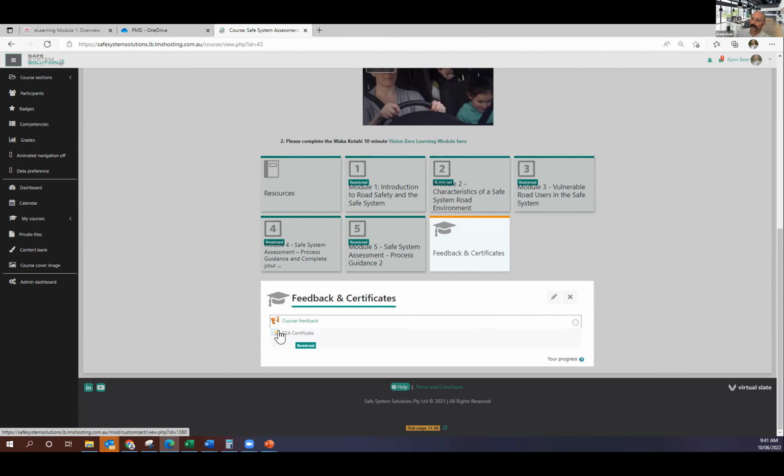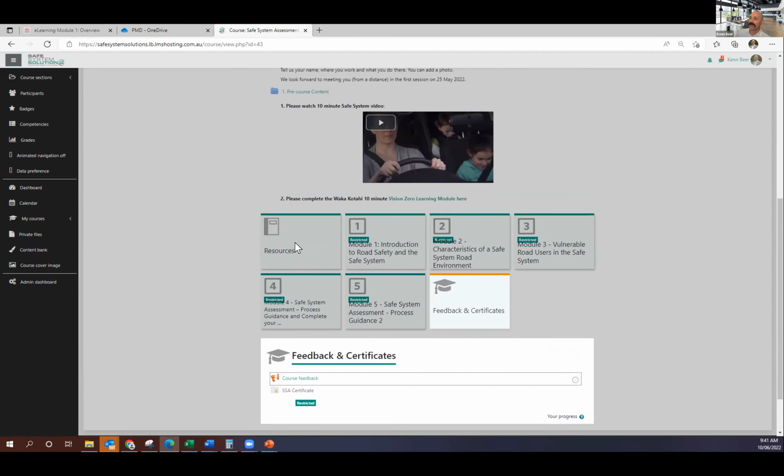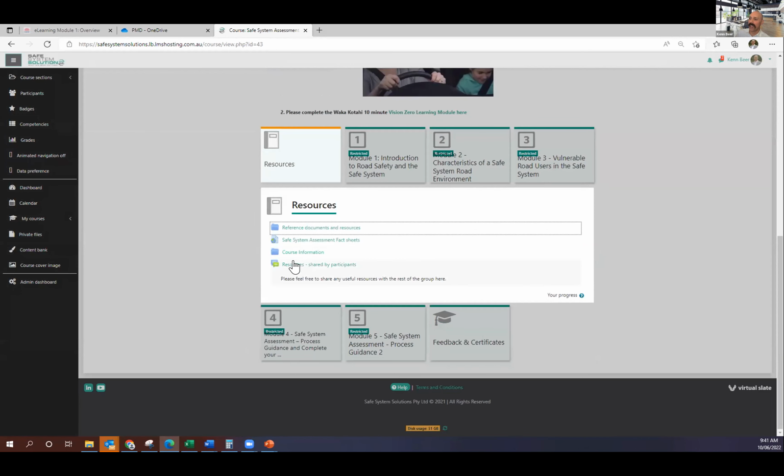Now, you'll get an electronic copy of your certificate there, and then a pack in the mail or a shipping crate for Rolly will arrive, and you will have in there the certificate, hard copy, and any prizes you've won along the way. Remember, you've got lots of resources in there, different things that'll help you along, and in each of the modules you've got different bits and pieces.